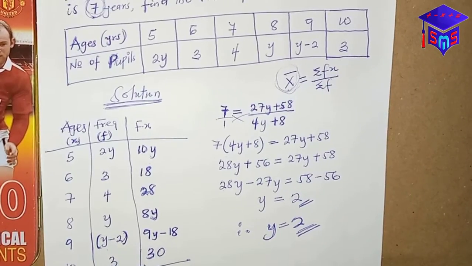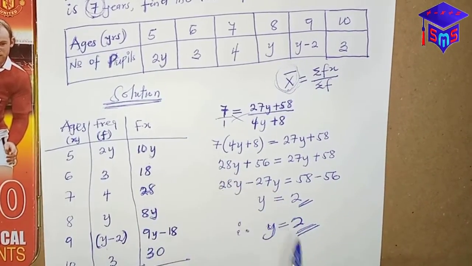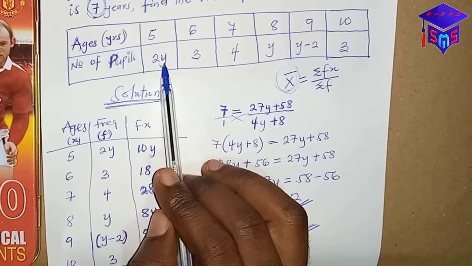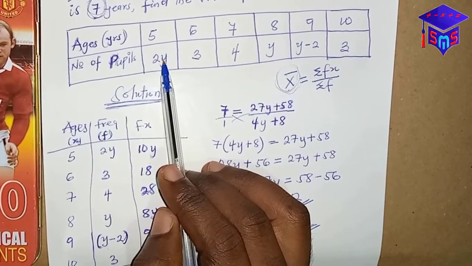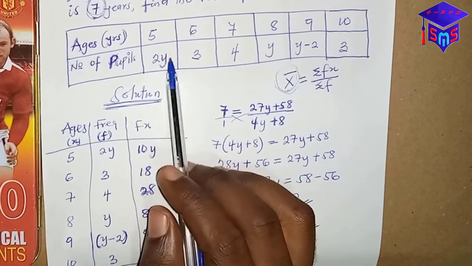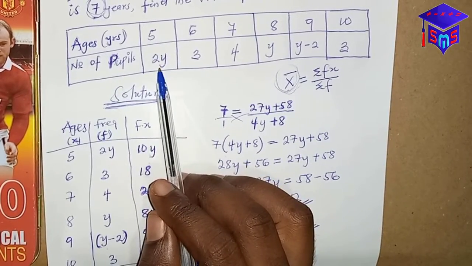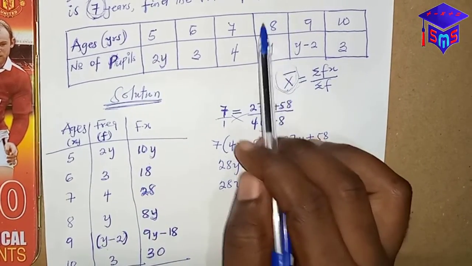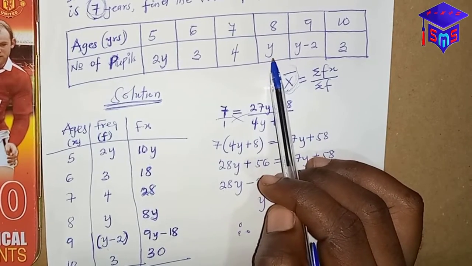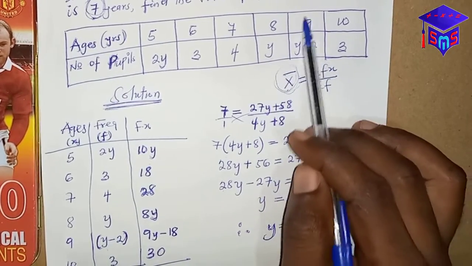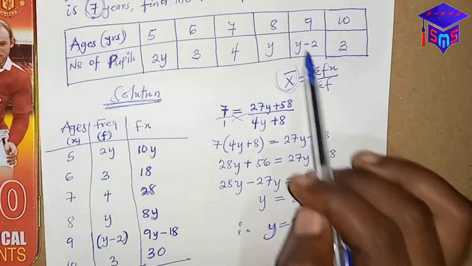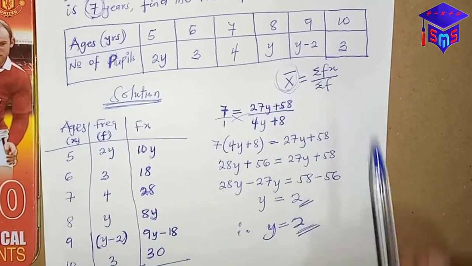Okay, so if you want to know the frequency for 5, it means y is 2. So when you fix 2 here, it means 2 times 2, and that will give us what? 4. It means the frequency of 5 is 4. Then also the frequency of 8 is what? 2. And then the frequency of 9 is going to be 2 minus 2 because y is 2.